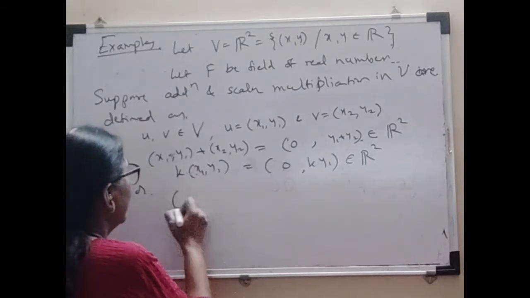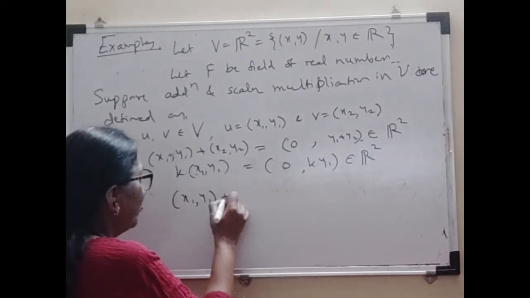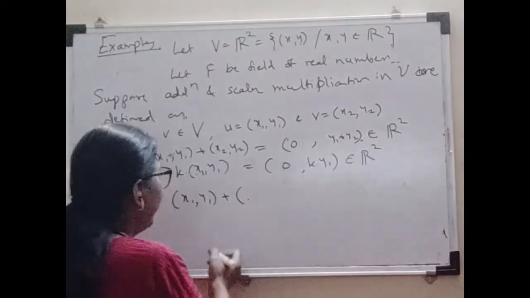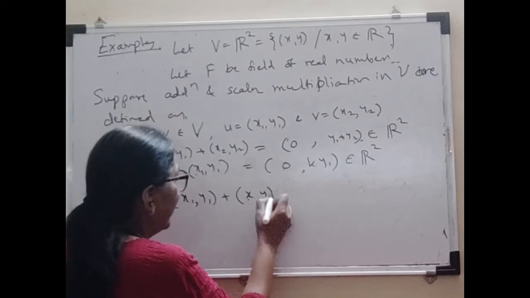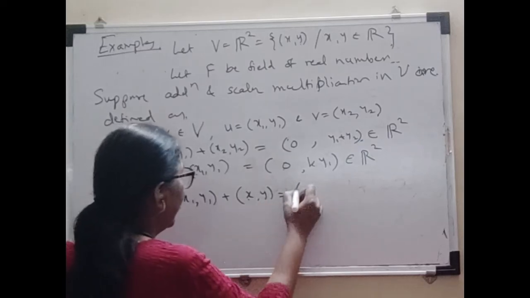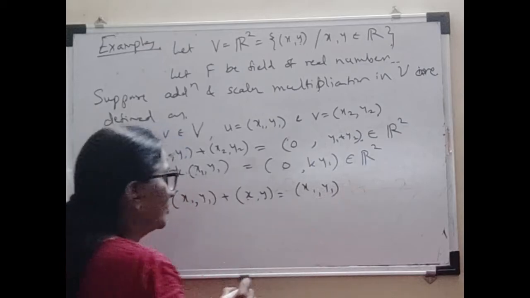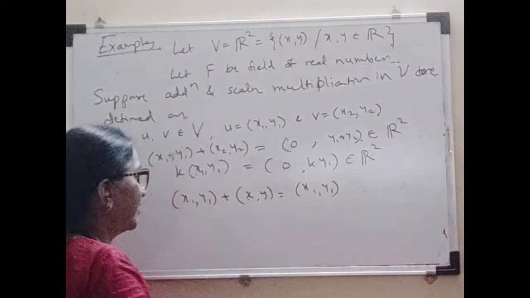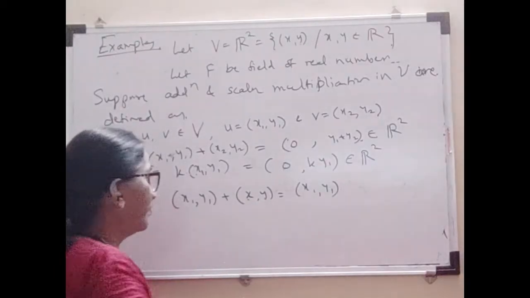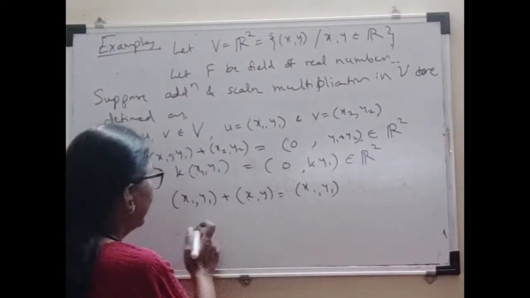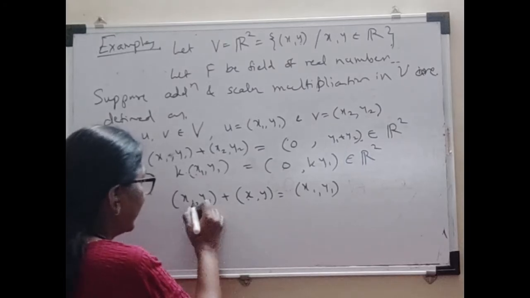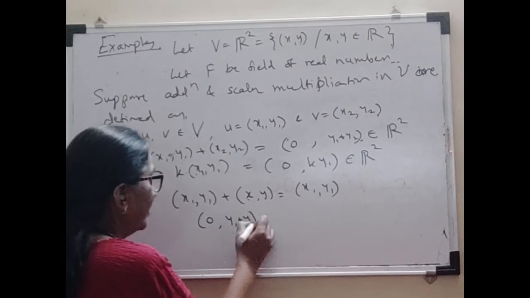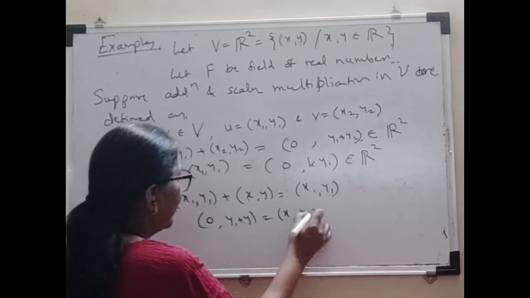What about the existence of a 0 vector? Consider (x1, y1). Suppose a 0 vector, we don't know what the 0 vector is. If I consider the 0 vector as (x, y), and that gives us again (x1, y1), so u plus 0 is equal to u. I treat this as the 0 vector. I don't know what x and y are. By definition, the sum x1 plus x we write as 0, and next y1 plus y is equal to (x1, y1).